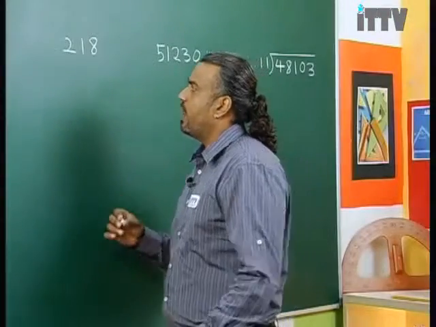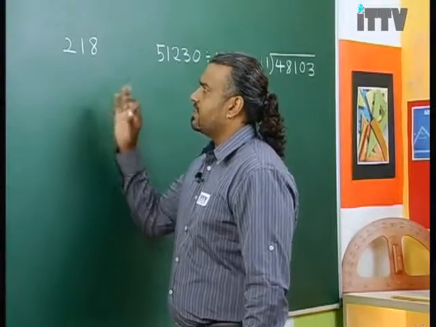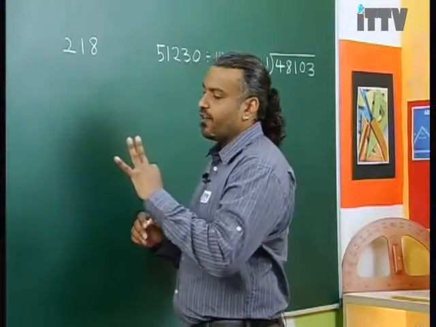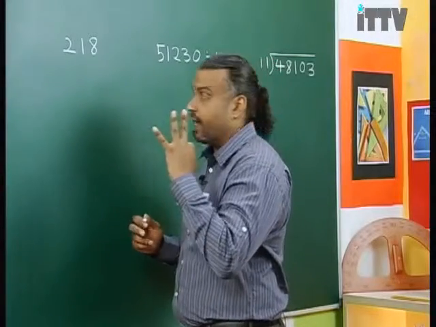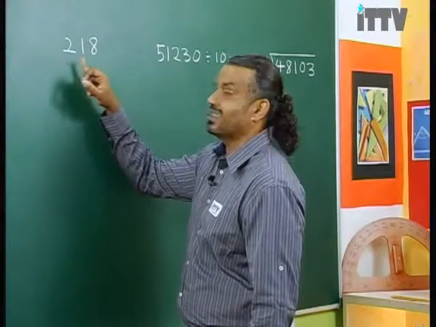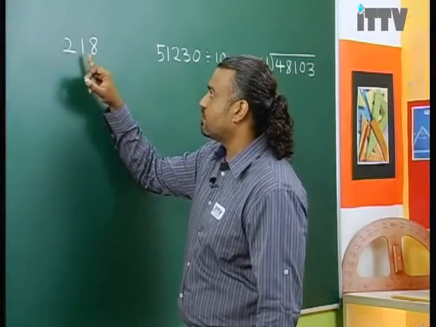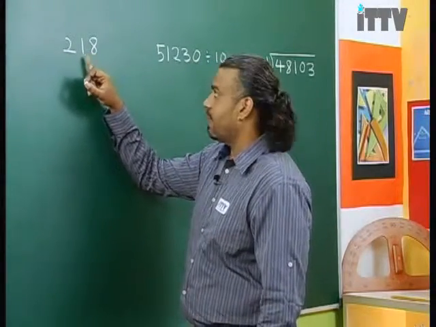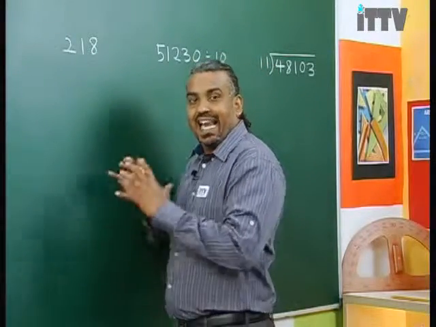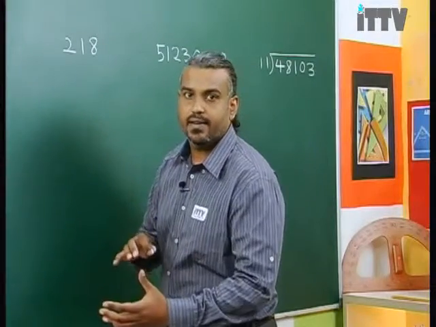What about if we want to check whether it is divisible by 3 or not? In order for it to be divisible by the number 3, we've got to take the sum of all the digits in the dividend, right? So 2 plus 1 is 3. 3 plus 8 is 11. Is 11 divisible by 3?